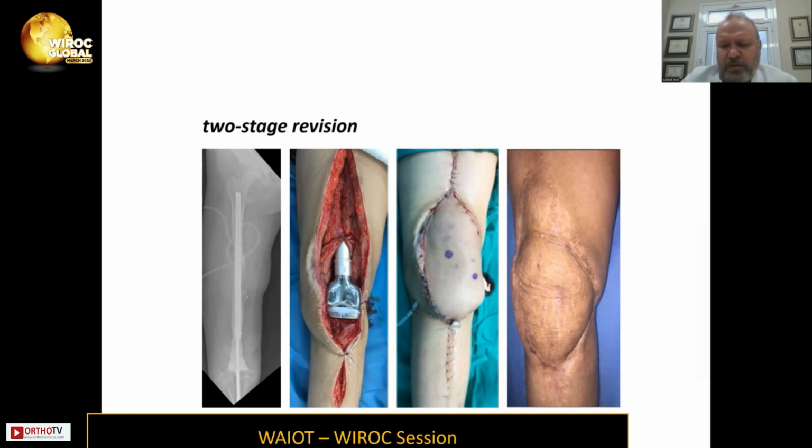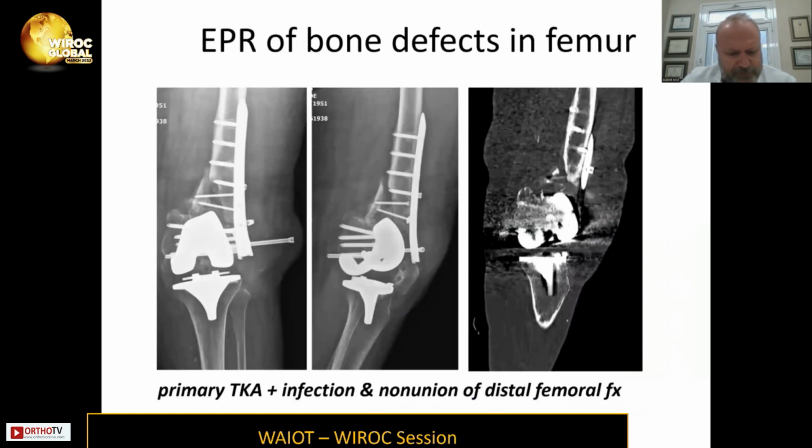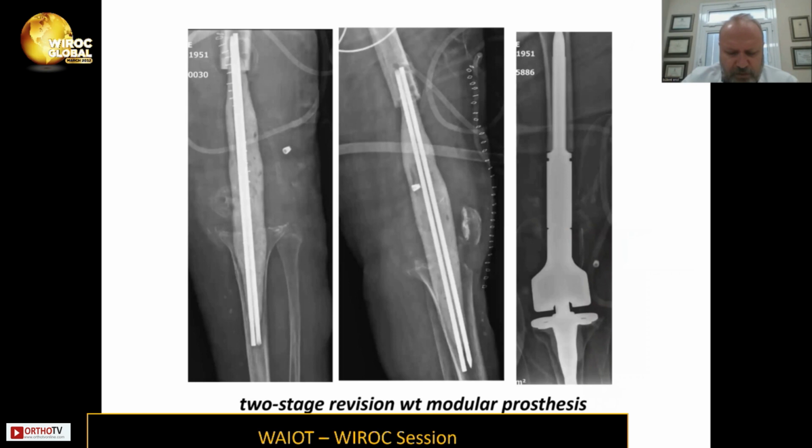Free flaps or local muscle flaps are frequently required in revision procedures. A patient with a primary knee prosthesis had distal femoral fracture, but internal fixation did not provide bony healing, and an infection developed. This patient underwent a two-stage revision with a modular prosthesis.